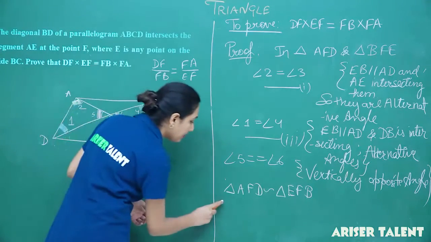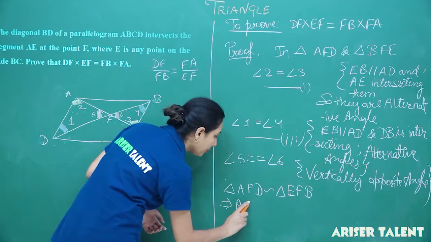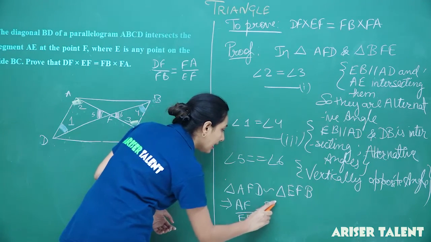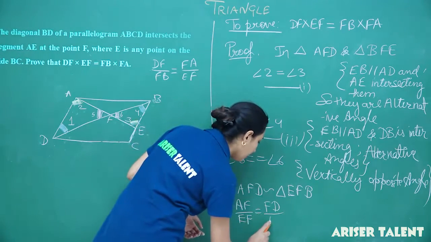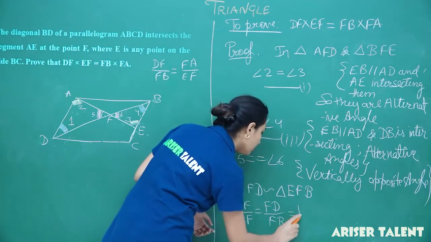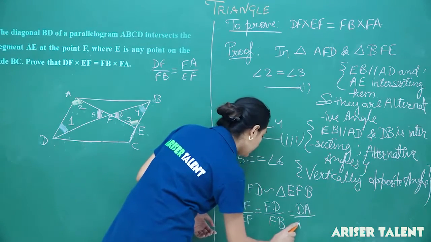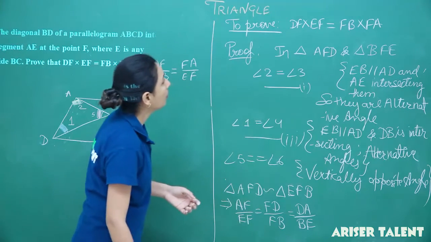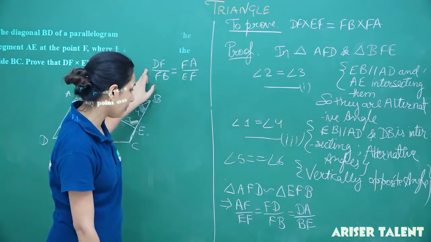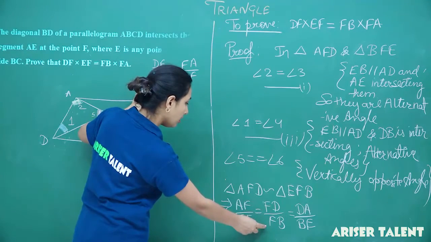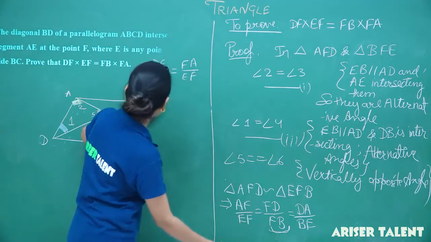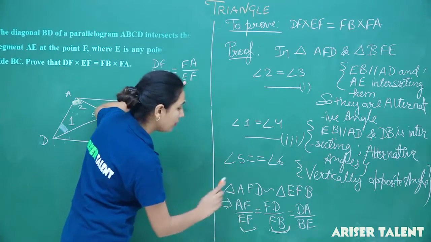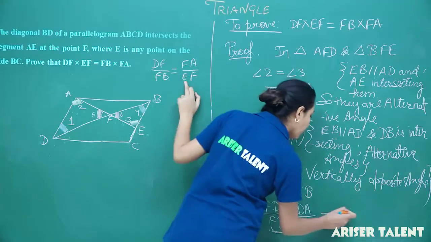So, this implies that AF by EF will be equals to FD by FB equals to DA by BE. Now, we were having this DF and FB, this is of our use, and this FA and EF, this is of our use. So, mark it equation 4.